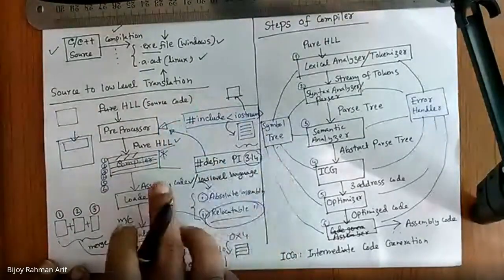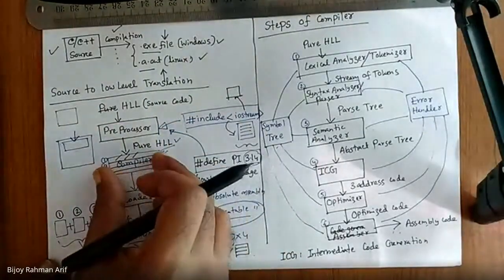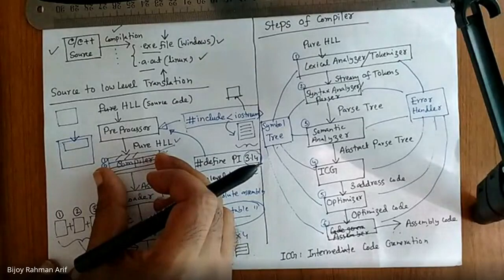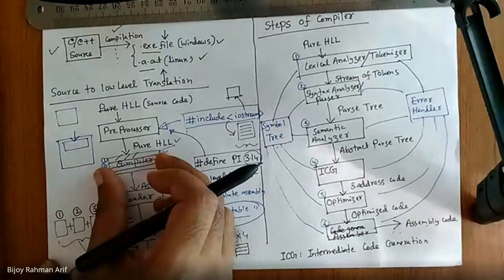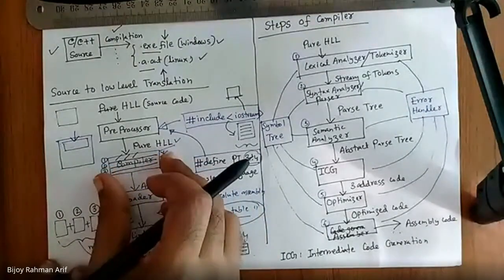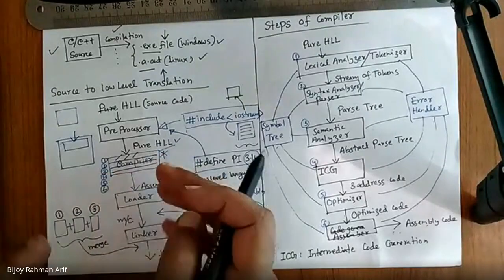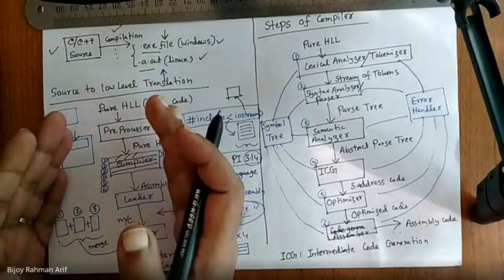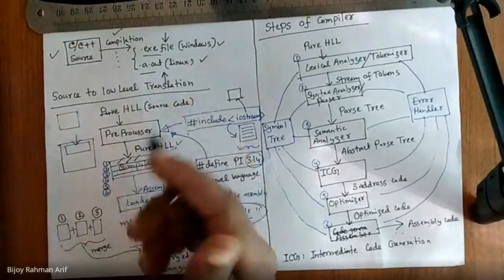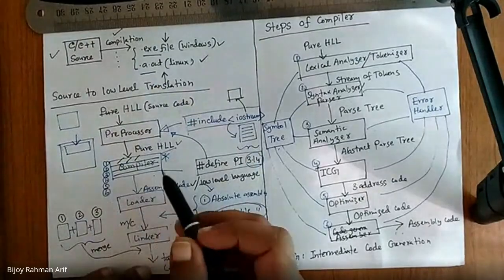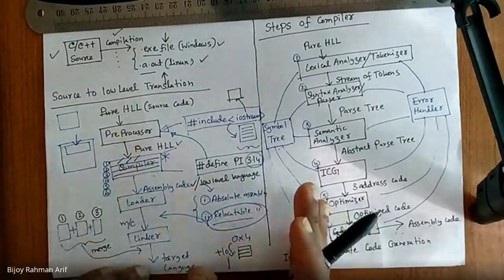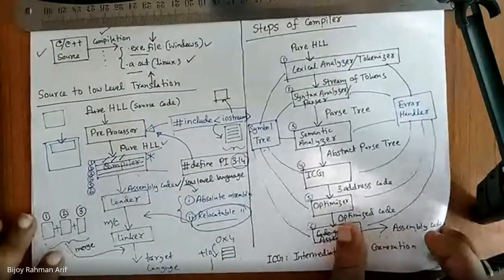In our course, we are dealing with the compiler steps, and we are going to break this down more. Though I have shown it here as a single module, it is not actually a single module. It can be subdivided into many other modules. So let's go to the next one.